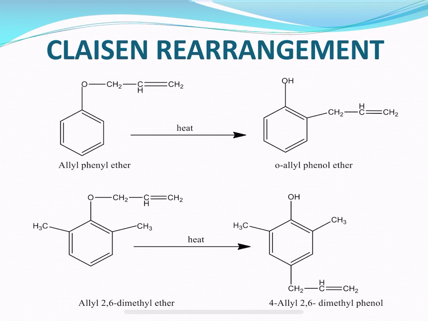It has been observed in the Claisen rearrangement that the allyl group migrates almost invariably to the ortho position. If the ortho positions are blocked, suppose there is some other substituent present at the ortho position so that it is not free, then what happens?